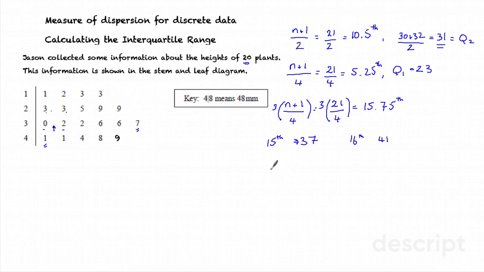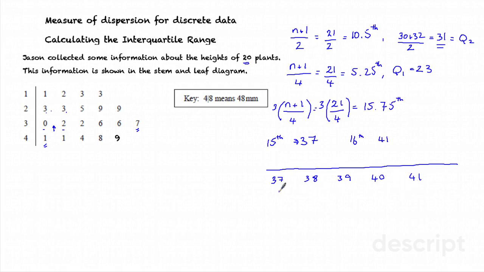Now, if I think of a number line, that means that I'm working 37, 38, 39, 40, 41. So I need to go 3/4 away along that gap.